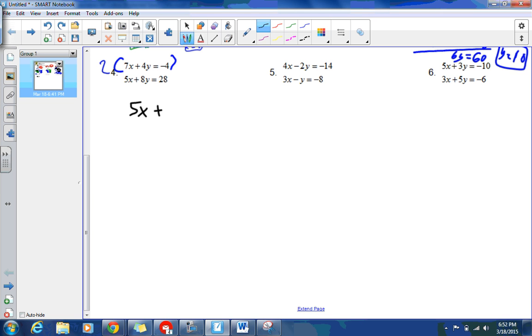So we have 5x plus 8y equals 28 on the bottom. I'm going to keep that on the bottom, actually.